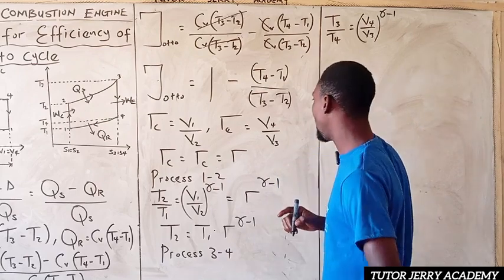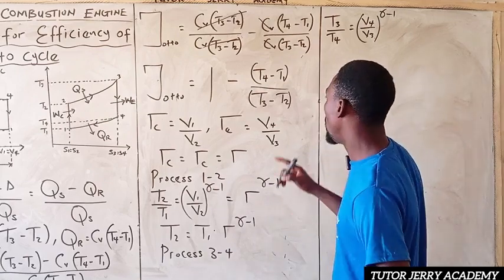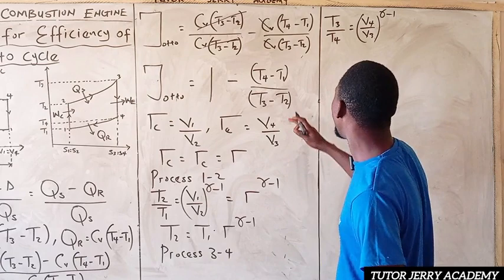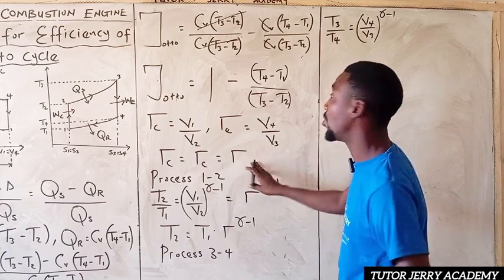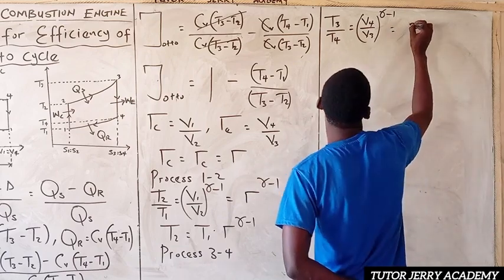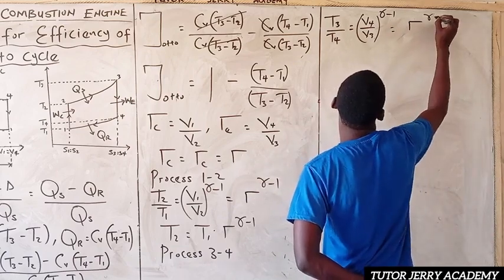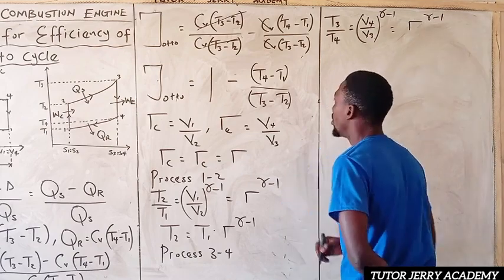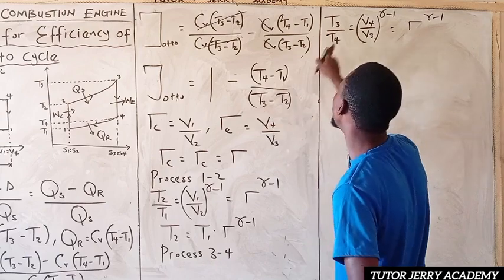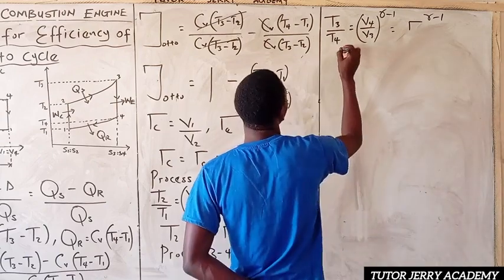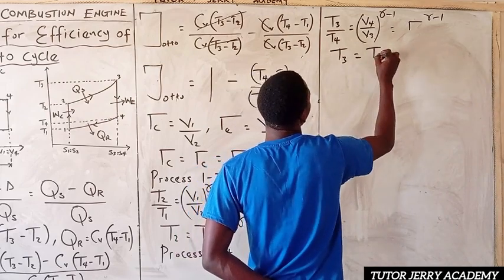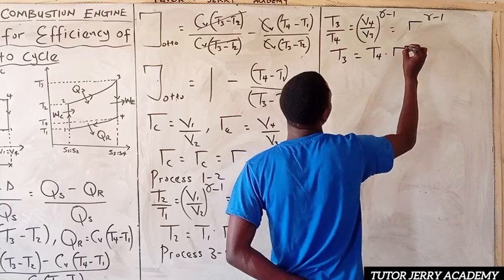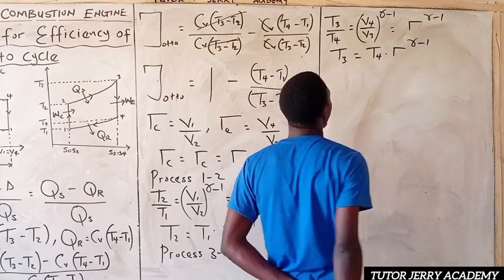Now, if you look at this, we already established that V4 over V3 is nothing but compression ratio. So we can replace these with compression ratio to the power of gamma minus 1. All right. So we are going to make T3 the subject here. T3 will be equals to T4 multiplied by compression ratio to the power of gamma minus 1.